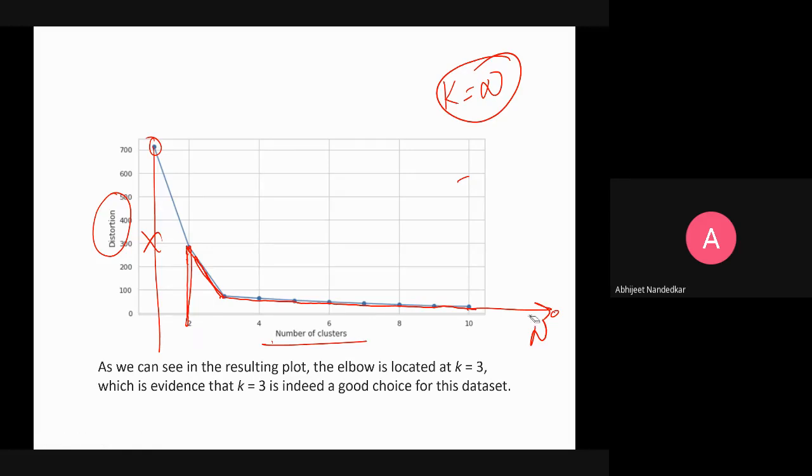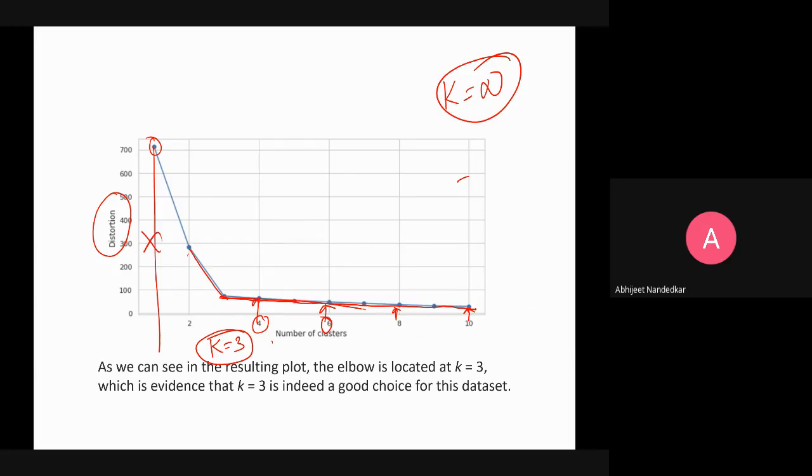So what we do is we take this elbow point as the ideal cluster count. For this problem k is equal to 3, where you get this elbow, is the right position, because further increasing k does reduce the distortion, but that is only because we have some extra clusters.